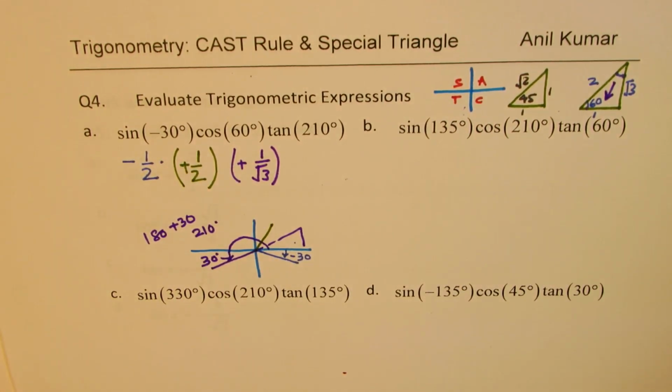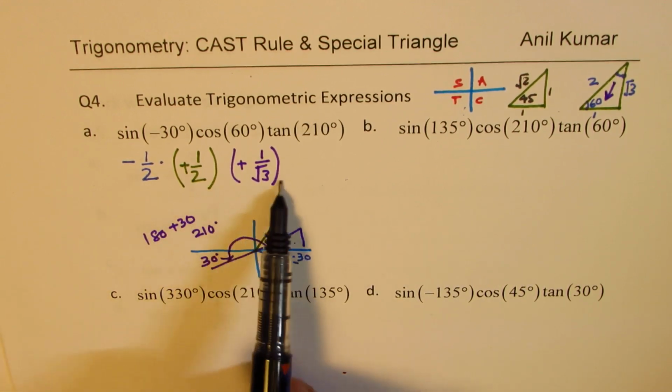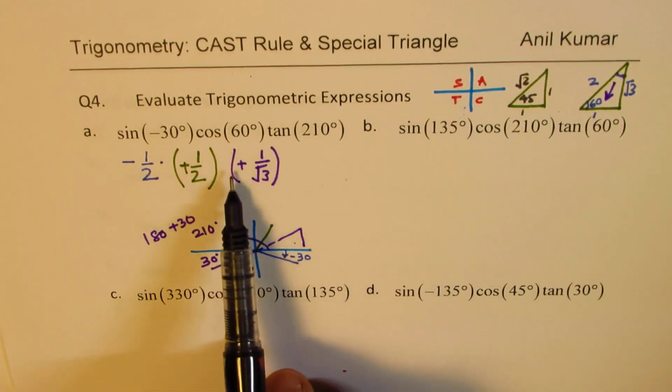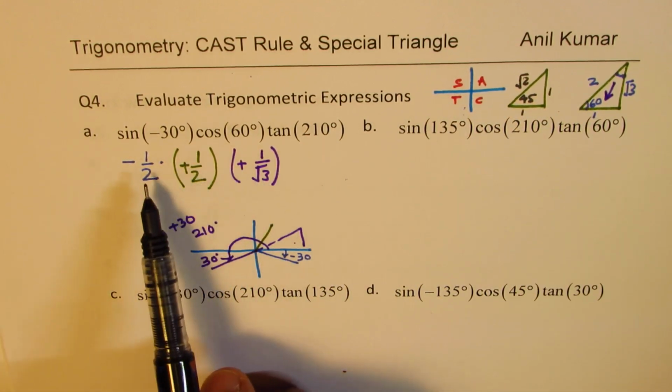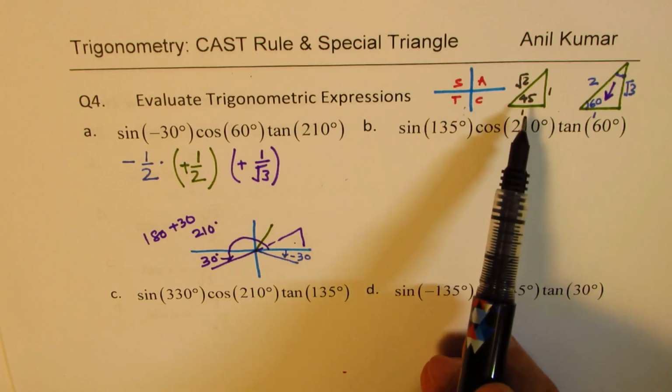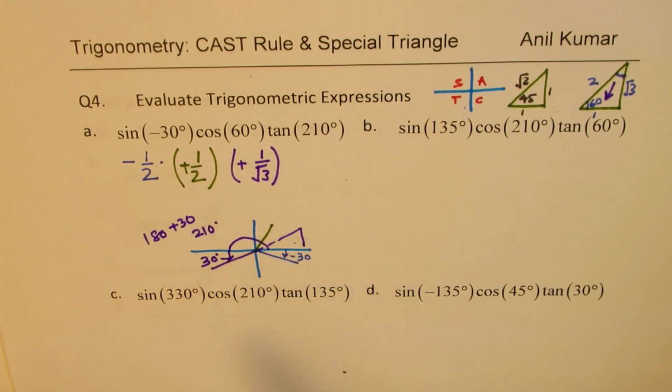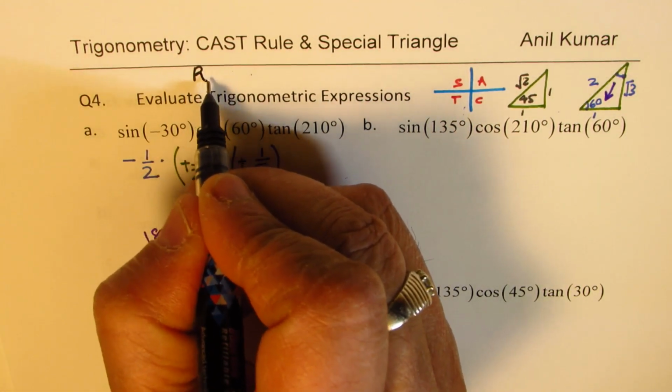So that is how we evaluate the product of these 3 trigonometric ratios for the given angles. What did we use? We used the CAST rule to get the sign, and special triangles to get the values, and these are the acute angles. So look into the related acute angles.